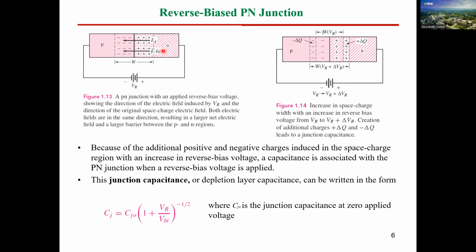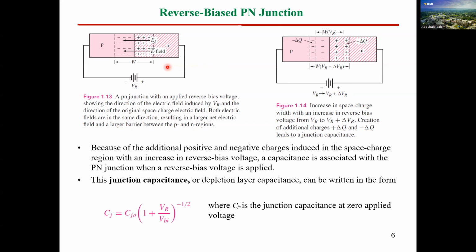So what will happen to the PN junction now? Actually, the PN junction distance or layer has been increased. And if the distance is increased, this means the ohmic value of this piece or junction will be increased. And this is exactly what happens in a PN junction.